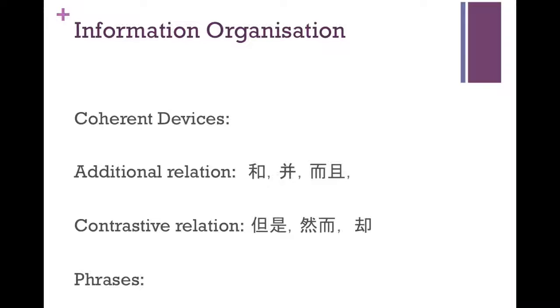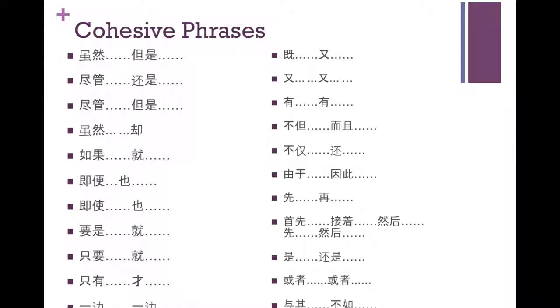Okay, as we know, in order to write a good text, we need something to help us to organize information. One of the most effective ways to do this is to use coherence devices such as 和 and 并 and 而且 as additional devices to indicate additional relationships, and also we can use 但是, 然而, 却 for contrastive relationships. Here we've got more phrases.